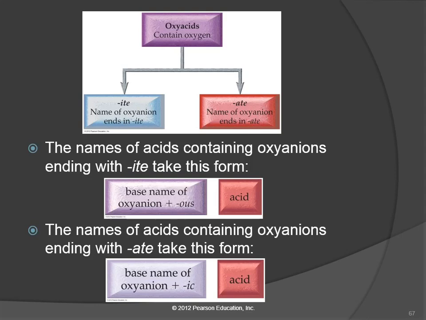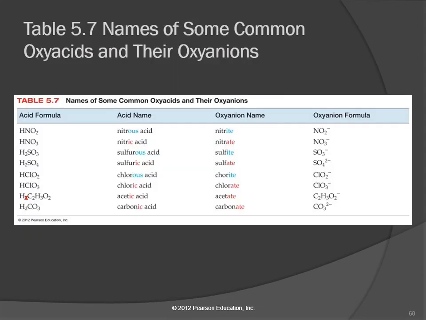So if the ending of the oxyanion is "ite," then we change it to "us." So nitrite becomes nitrous acid. If it ends in "ate," we change the ending to "ic." So let's look at this table from your book. There's a mistake. It says H2, C2H3O2.